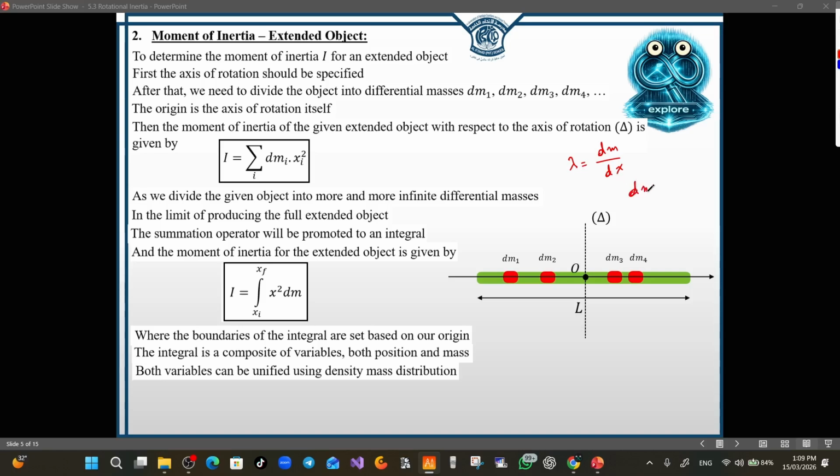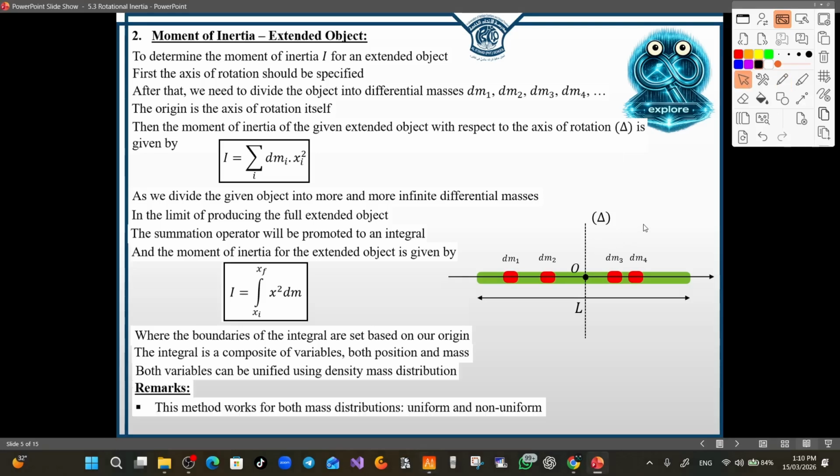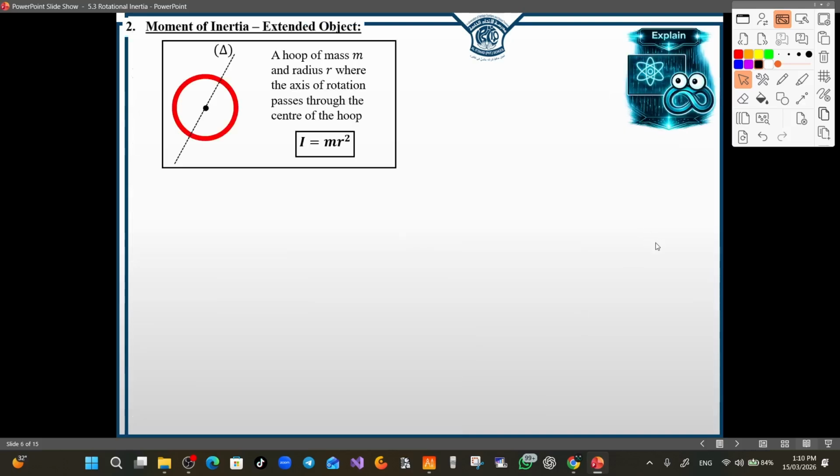So we can express dm in terms of lambda dx. Remarks: this method works for both mass distributions, whether the distribution is uniform or non-uniform. Always choose the origin to be the axis of rotation itself.